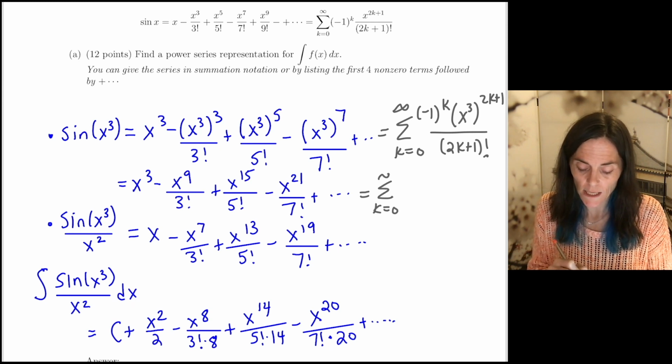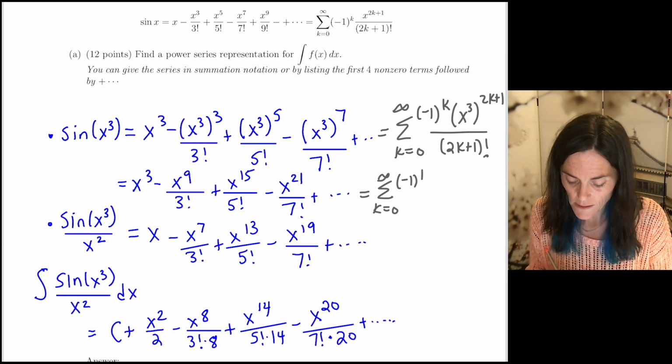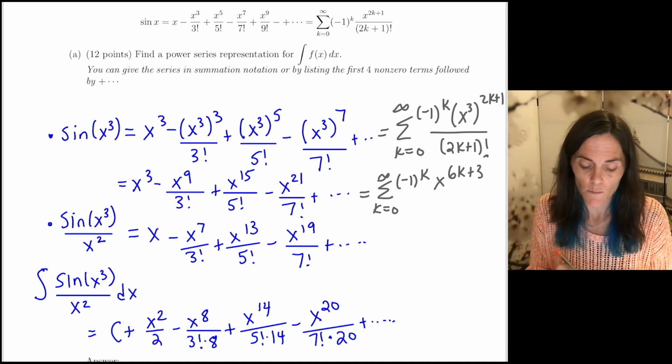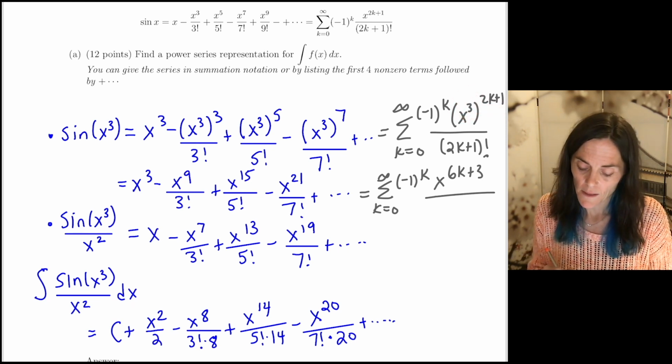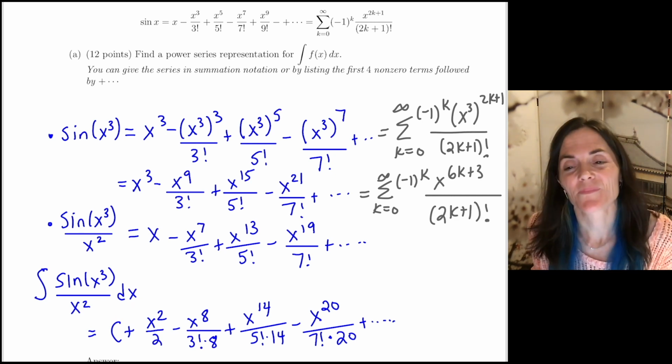So in summation notation, the nice thing is we just have to do this, like I said, 1 time. This is -1 to the k. This is x to the 6k plus 3. I'm just multiplying 3 times 2k plus 1, and then divided by 2k plus 1 factorial.